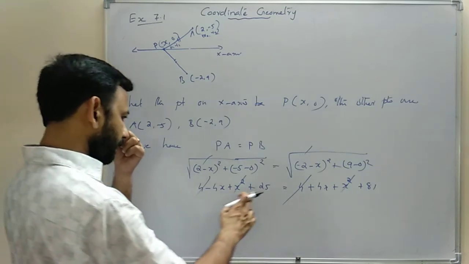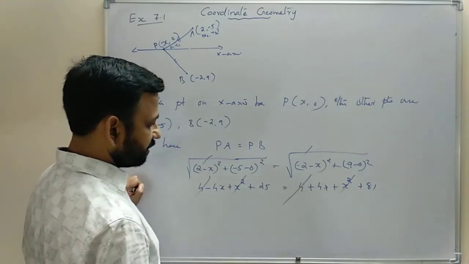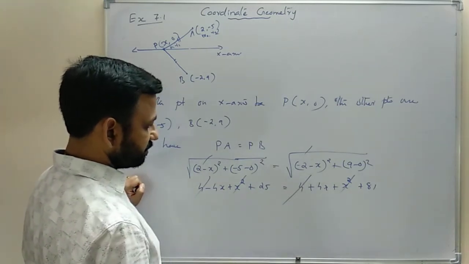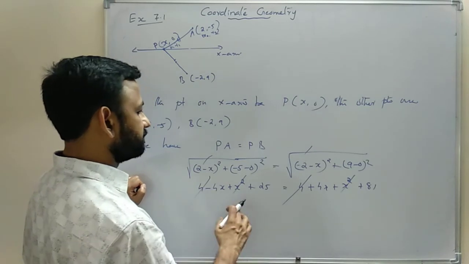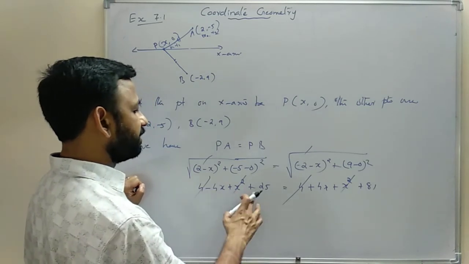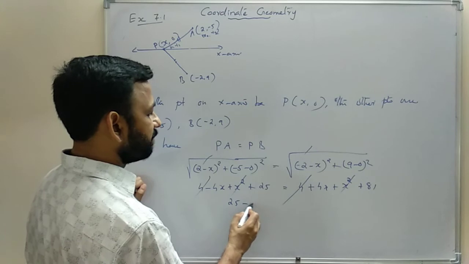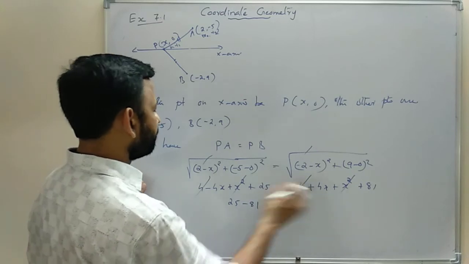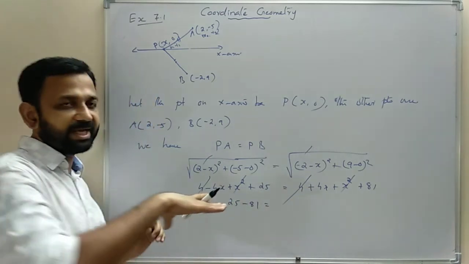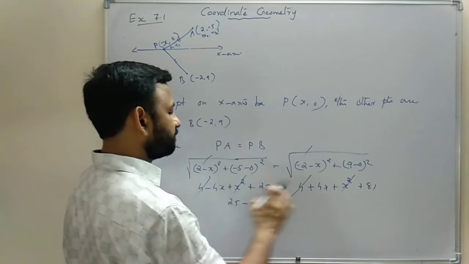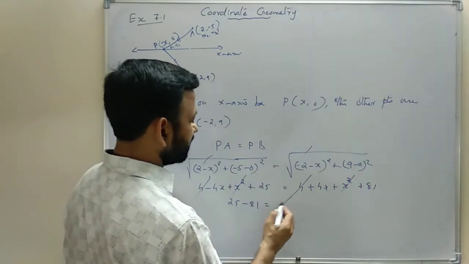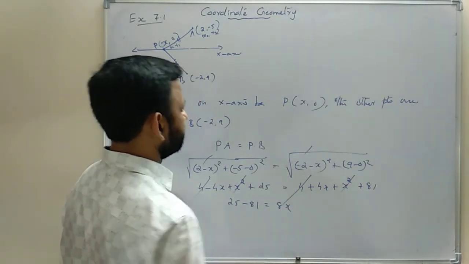Then we can take 81 from the right to the left, and minus 4x we can take from left to right: 25 minus 81 is equal to 4x plus 4x, that is 8x.